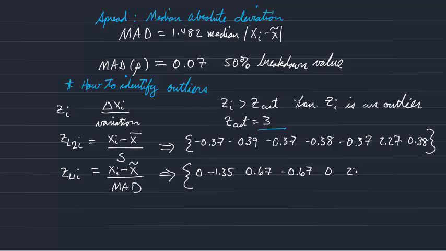And that's 279.67. So this value, the 23 value, is clearly an outlier, because that's greater than Z cut. So this would clearly identify 23 as an outlier, and we would have a lot of suspicion that that was a suspect data point.